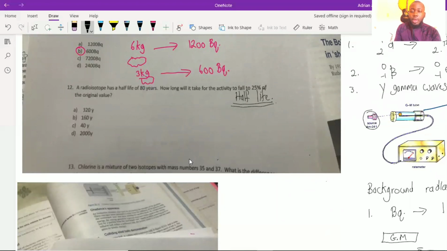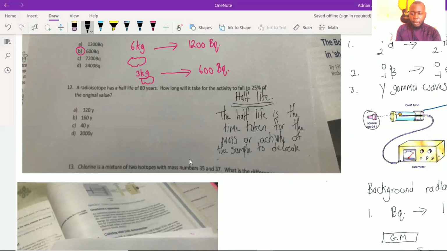Do you know? Well, the half-life is the time taken for the mass or activity of the sample to decrease by 1/2 its original value.